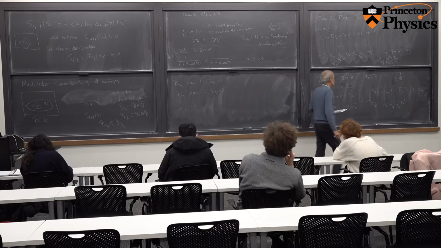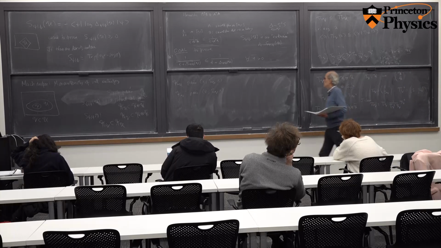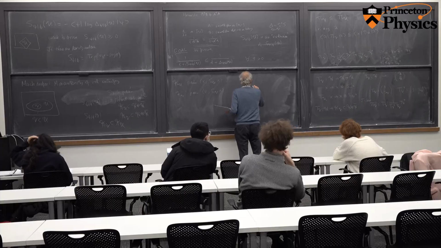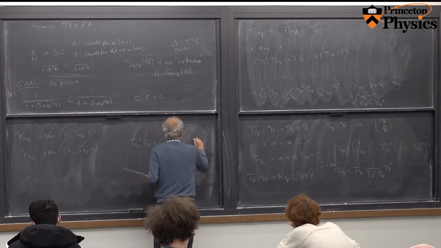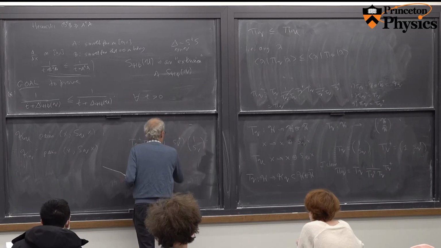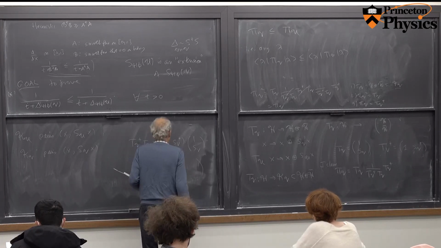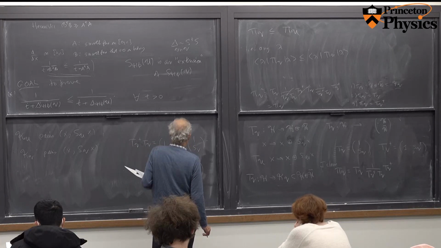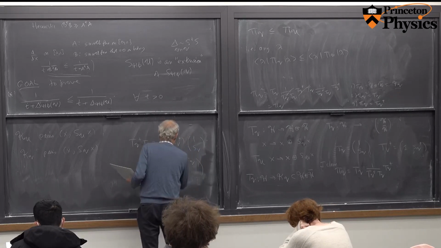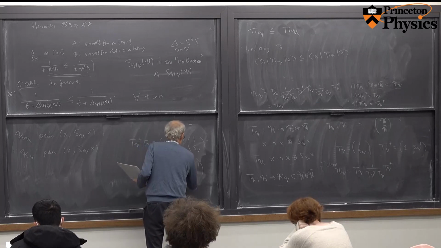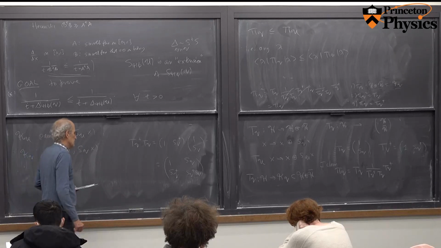Now, to calculate what is 1 over TV dagger TV, you see TV dagger was a row vector, TV was a column vector. So TV dagger TV is 1 SV dagger times 1 SV. So it's a little matrix.